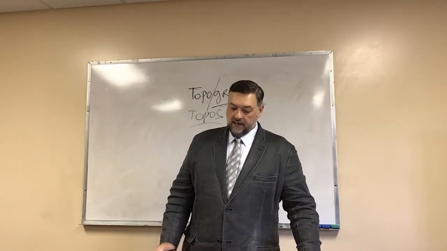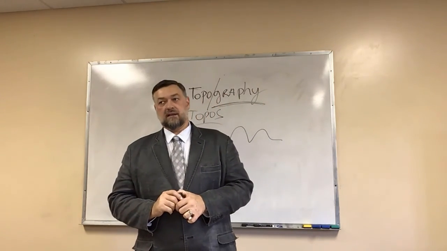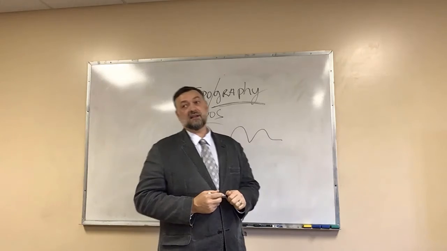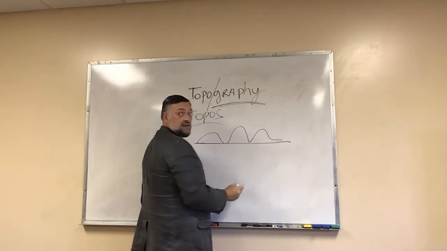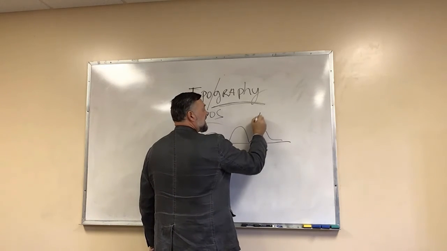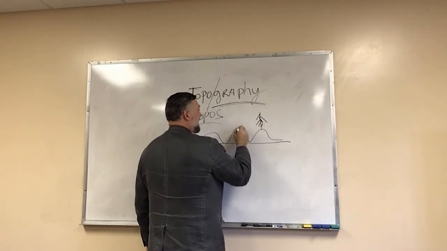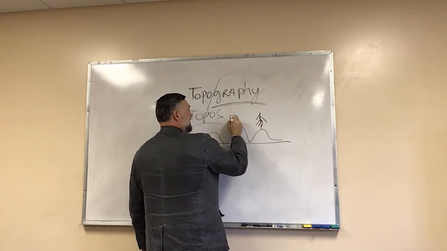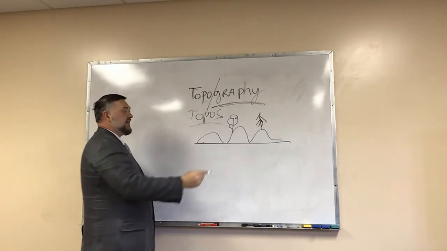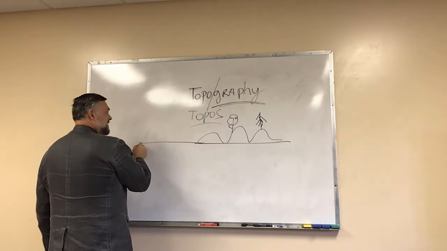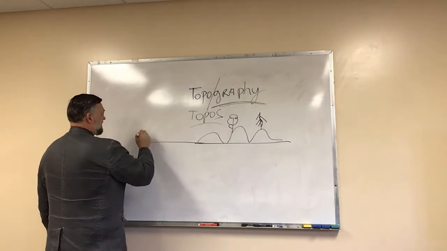Okay? And then the other is exemplary definition. Exemplary definition is what I just did right here. Okay? Watch this. What I told you, the topography of Georgia looks very different from Florida.